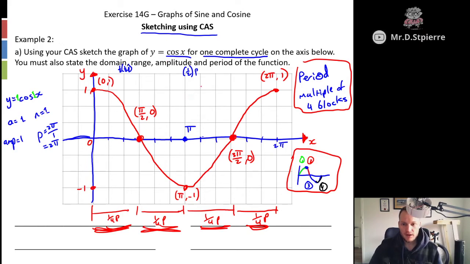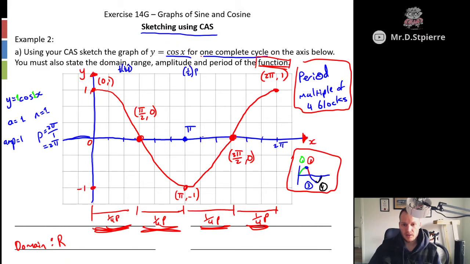Right, so that's the graph, but we had to state the domain, range, amplitude, and period of the function. The domain, truthfully, is real, because we aren't given any restrictions in this y equals cos x.